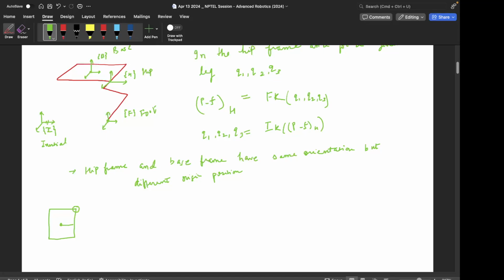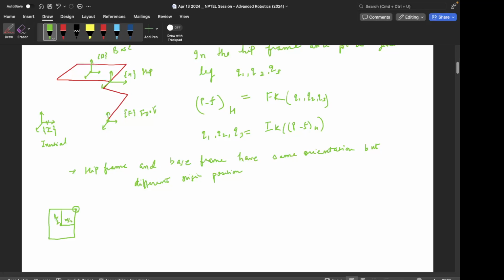So it's at a fixed distance, like this is the width by 2, this is the length by 2, right? So from the center of mass, it's L by 2, W by 2 up to the hip point, right? And since the orientation is the same for the hip frame and the base frame, the Jacobian is also the same, right?